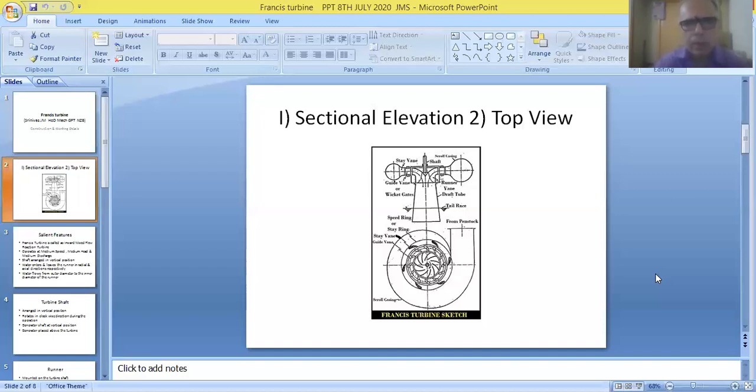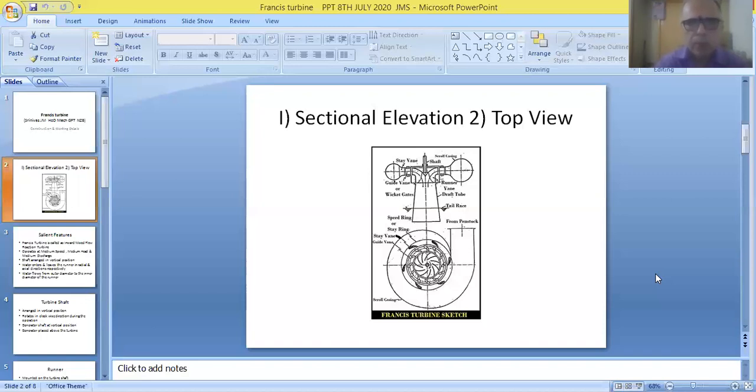These Francis turbines will be rotating at medium speeds, and they will be utilizing the energy present in the water and the quantity of water in moderate quantities.